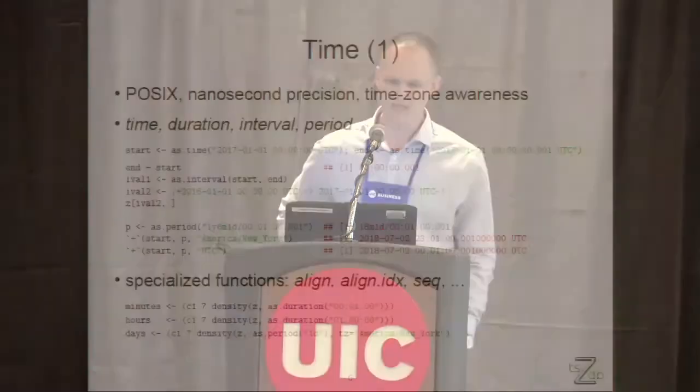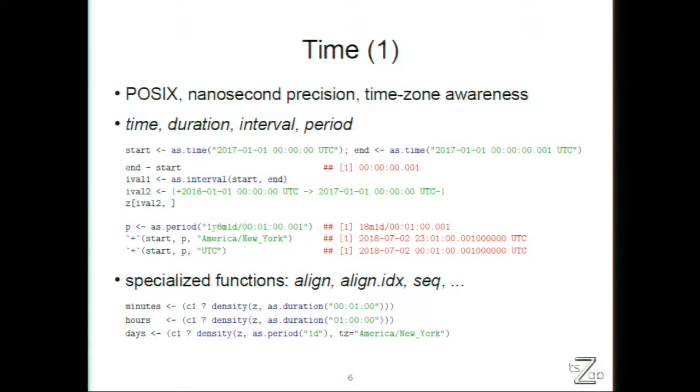And there's a fairly similar mapping of types between ZTSDB and R. So time is basically time since epoch. It's got nanosecond precision and time zone awareness. There are four types: point in time, duration in nanoseconds, and an interval, so basically two points in time, a start and an end.